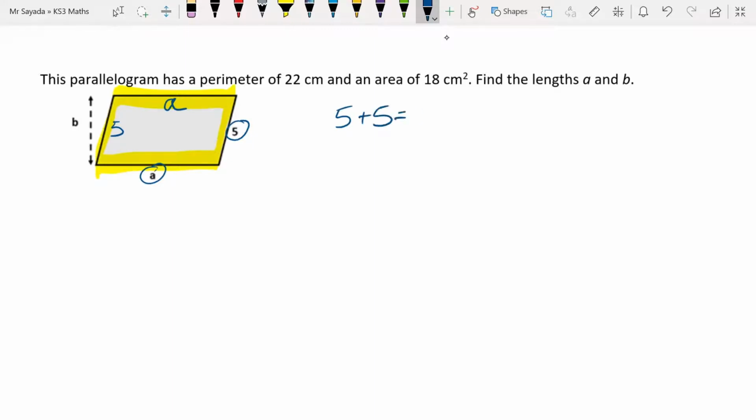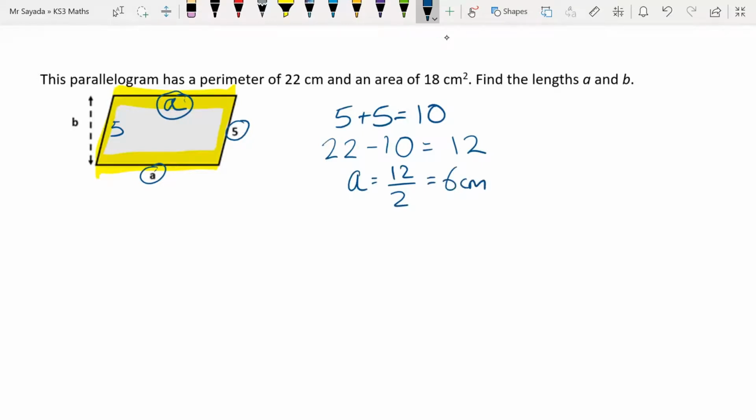The total perimeter is 22. So I'm going to minus what I know from the total perimeter, so I'm left with 12, which means the two A's must add up to 12, which means each A must be 12 over 2, which is 6 centimeters.